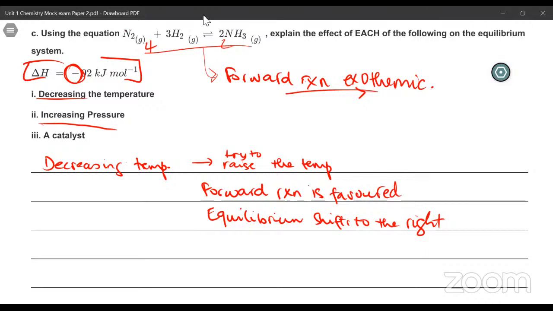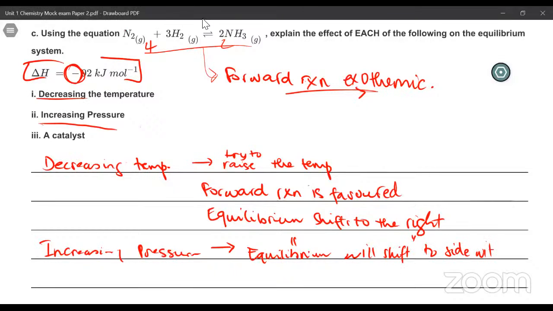So of course, by increasing the pressure, you will find that the equilibrium will shift to the right as well. So I'll just say ditto, and state that the equilibrium will shift to the side with the lesser amount of moles. Hope you guys are getting this now.